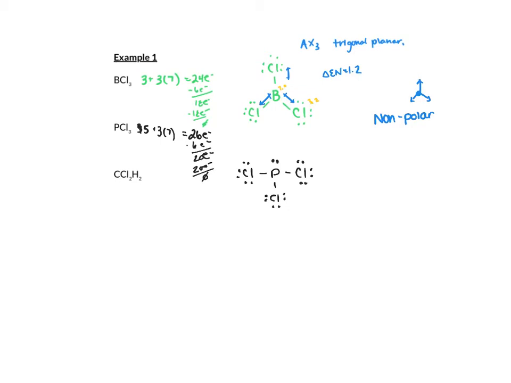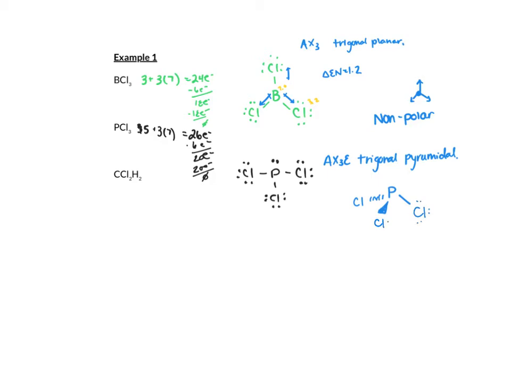Now, this shape is AX3E, and this is trigonal pyramidal. All right, so let's draw that. So P is in the center, and I have 1 down here, 1 out of the page here, and 1 into the page here.